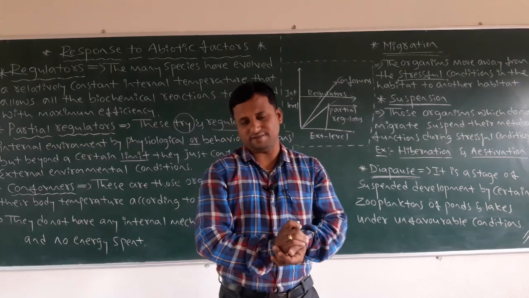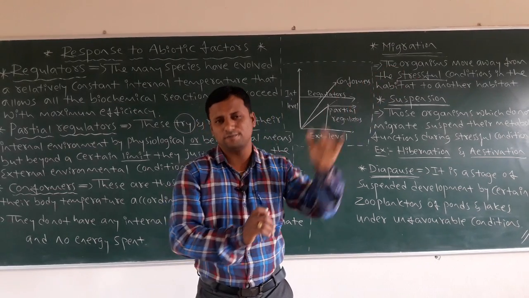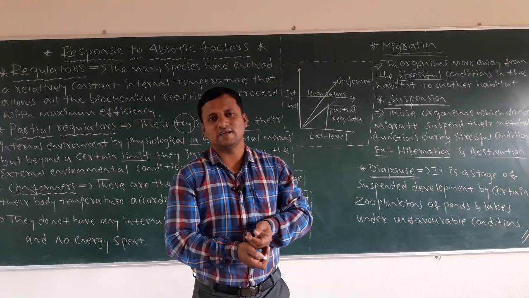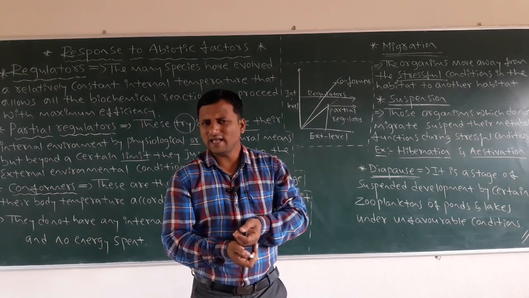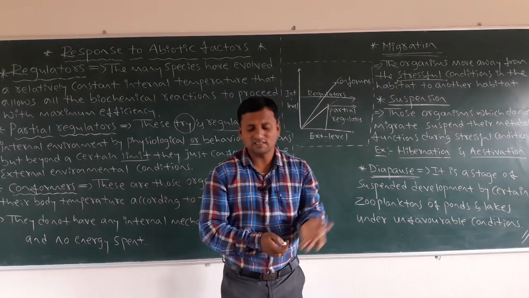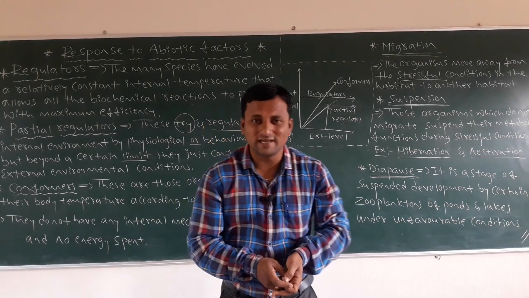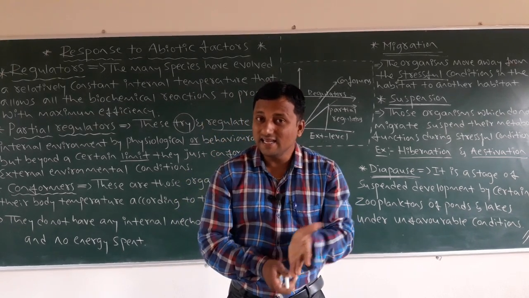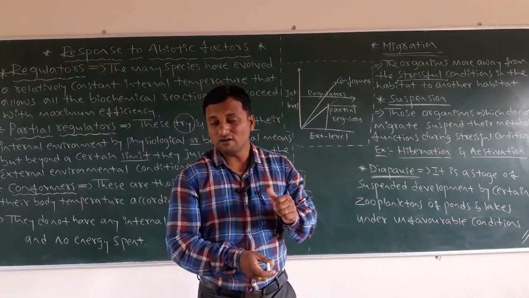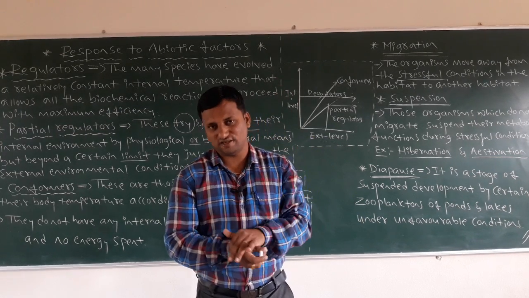These are called seasonal migrations, because of breeding purposes and because of hot conditions. Like that, many birds and fishes migrate. The best example in fishes is the eel, which migrates from south to north and east to west.